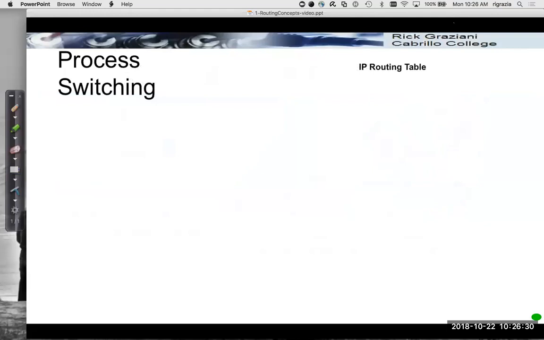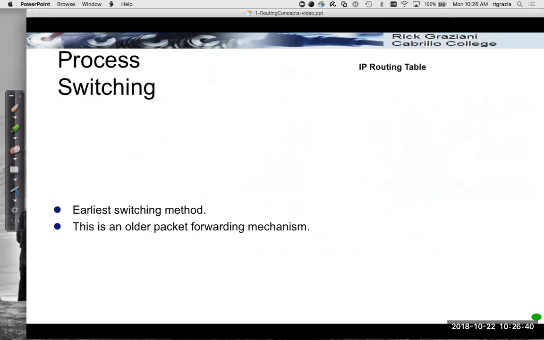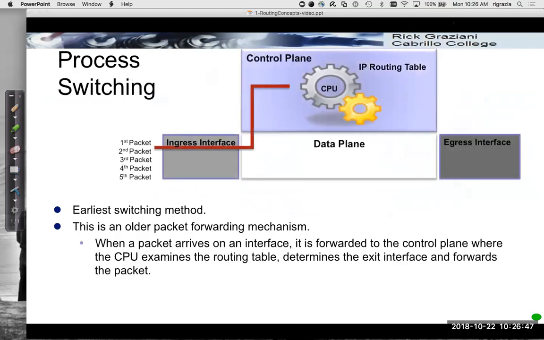Okay, so I talked about Cisco Express Forwarding. Let's talk about how routers actually process these packets. An earlier packet switching method was process switching. What would happen is a packet comes into the ingress interface and is then sent up to the control plane and processed by the control plane.